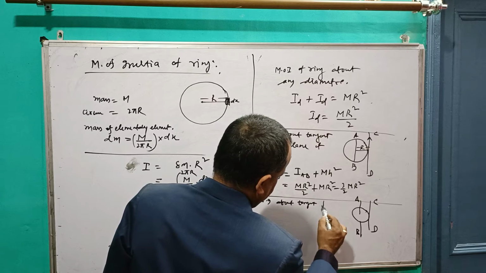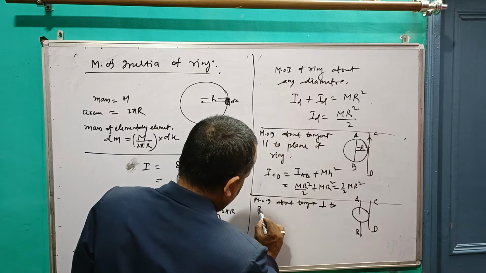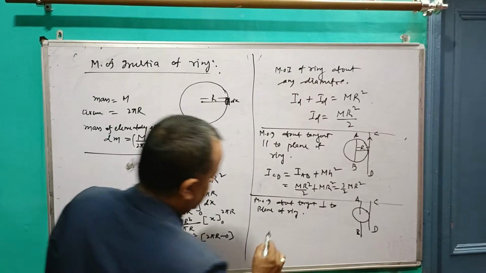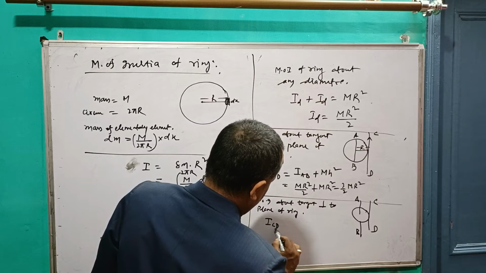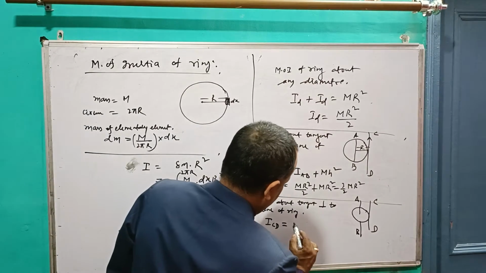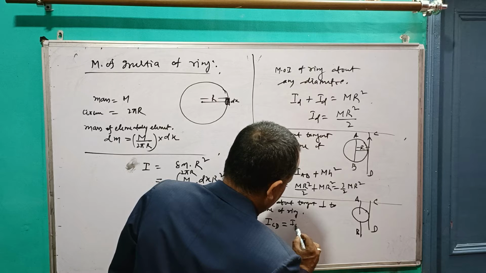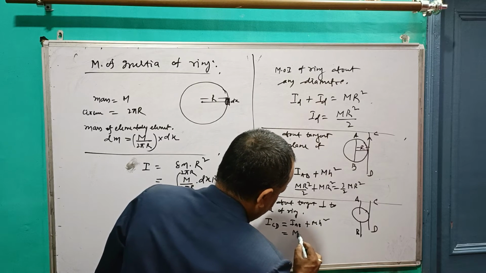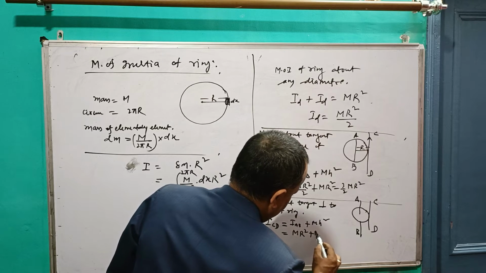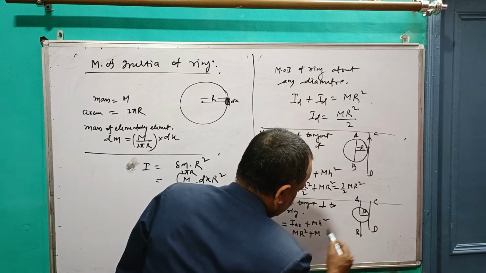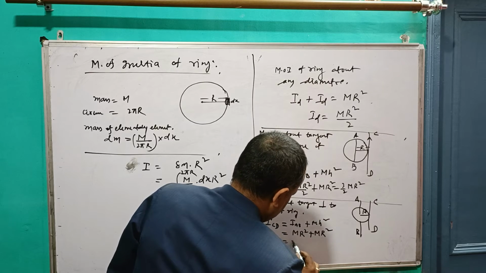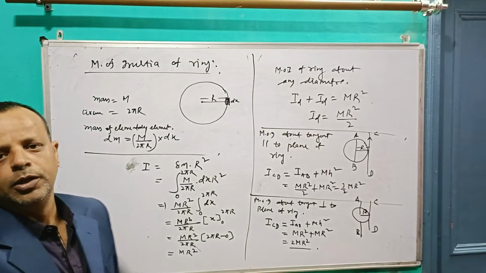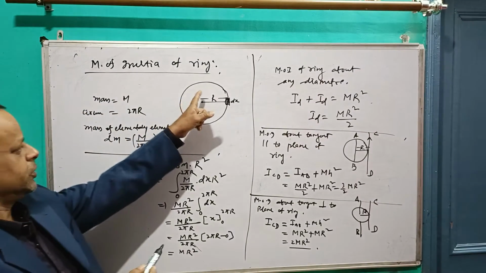Again we'll apply the parallel axis theorem: moment of inertia along CD is moment of inertia along AB plus m h square. The moment of inertia of ring is m r square, the mass is m, and the distance is again r, so it is m r square. This gives 2 m r square.